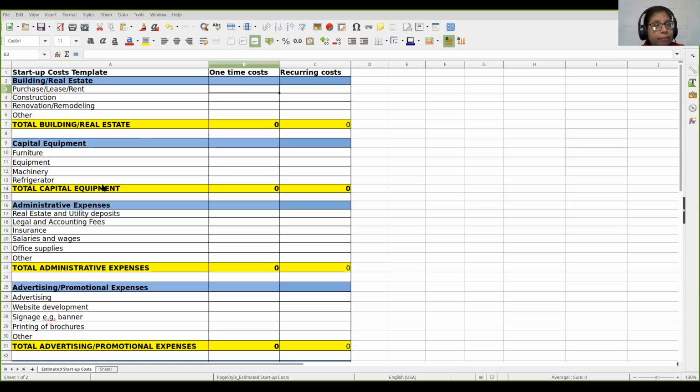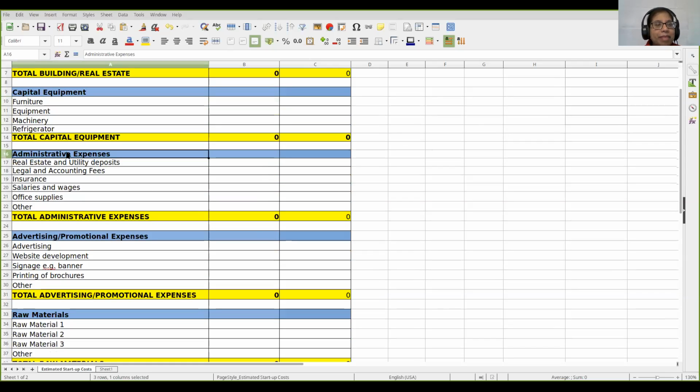Or if you purchase furniture for your business, furniture is something that may last for a very long time, okay? It's not something that you buy every month or every week. So furniture as well will fall under one-time costs, as with all of these capital equipment. Okay, so refrigerator would be one, machinery, equipment, all of those things would be one-time costs.